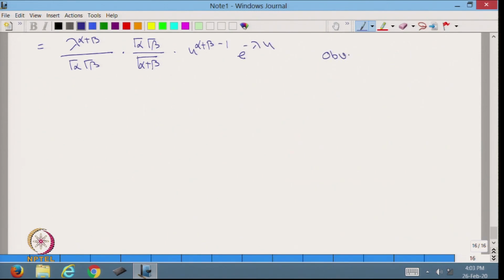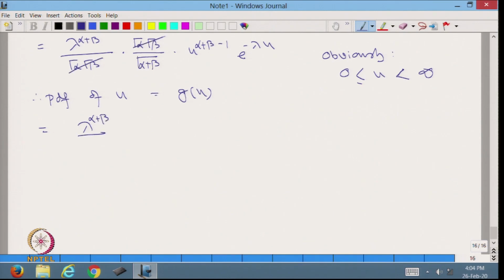Obviously, 0 less than or equal to u less than infinity. Therefore, the PDF of u, that is g of u, is equal to lambda power alpha plus beta upon gamma alpha plus beta, u to the power alpha plus beta minus 1 into e to the power minus lambda u.